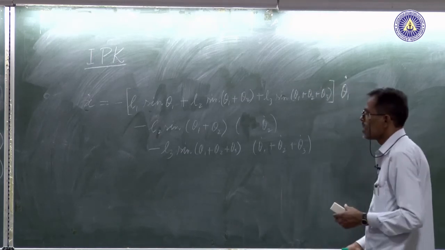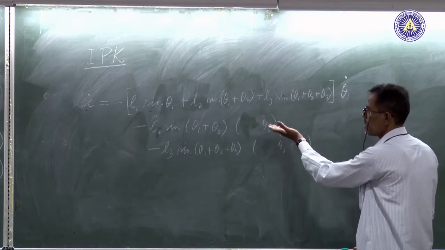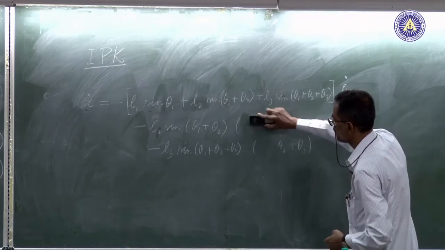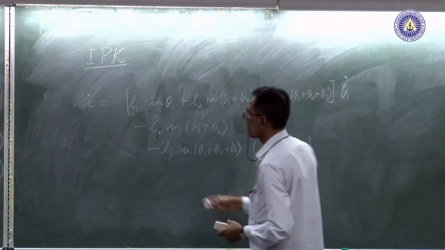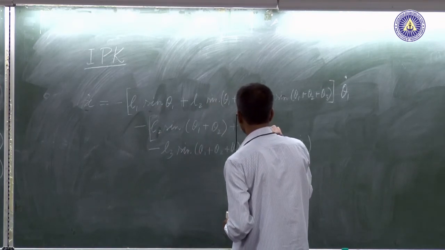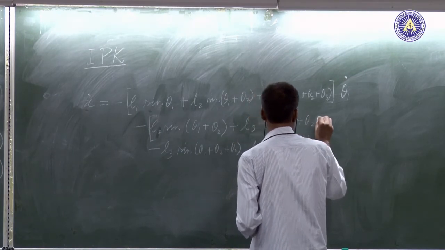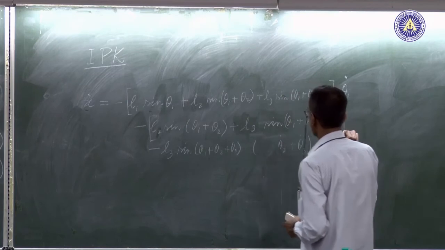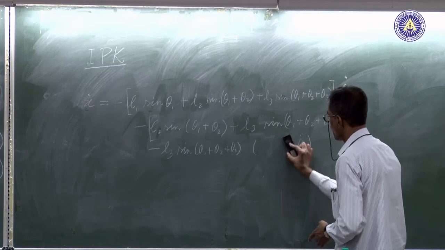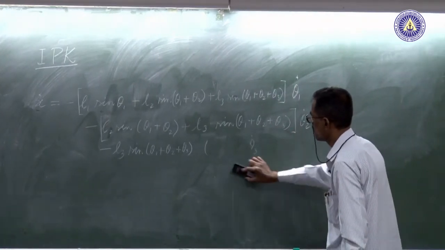Okay. Then theta 2 dot terms, if we collect together, that is from here theta 2 dot term, if I collect here, then there is no justification for this parenthesis anymore.